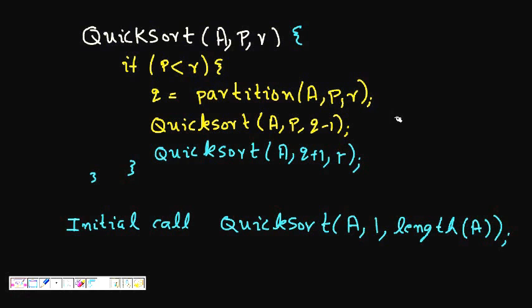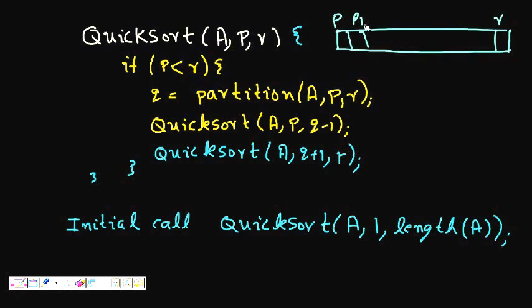Then we make recursive calls for smaller subproblems: quicksort A, p, q minus 1. It's something like this is the array. This is p and this is r, this is p plus 1, p plus 2, somewhere there is the qth element, this is r minus 1. After this call of partition, we have A[r] at its final position, the qth position.